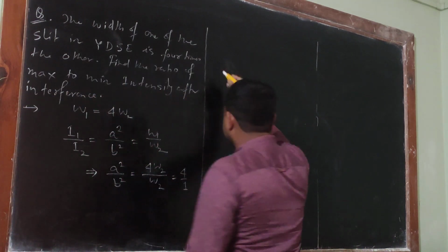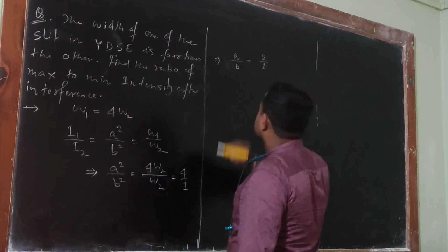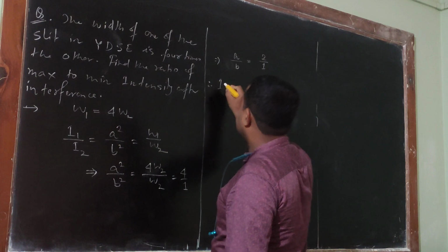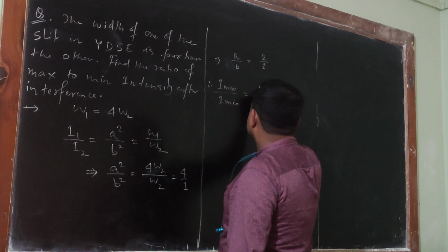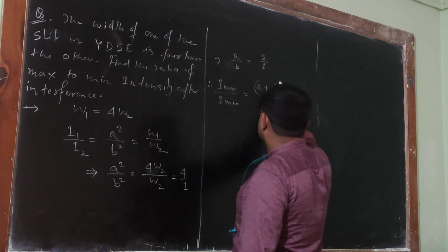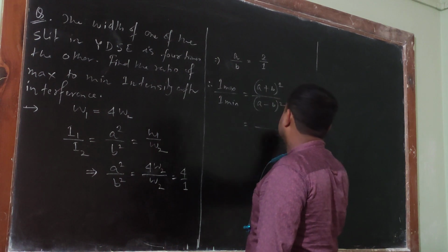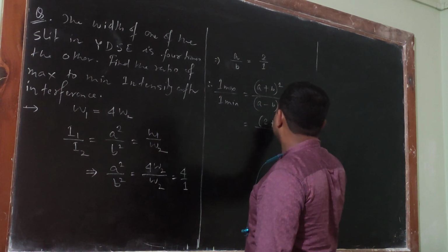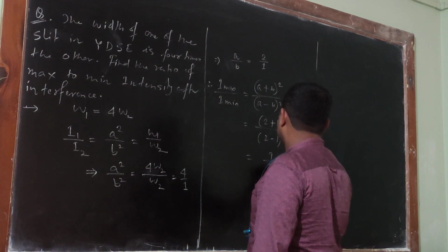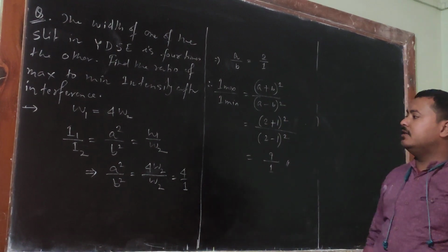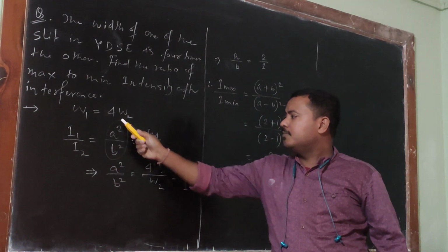So from here you can write A by B is equal to 2 by 1. Therefore I max by I minimum will be (A plus B) whole square divided by (A minus B) whole square. In place of A you can write 2, in place of B you can write 1. It is 9 by 1. So this way you can find the ratio of maximum to minimum intensity if we know the amplitudes.